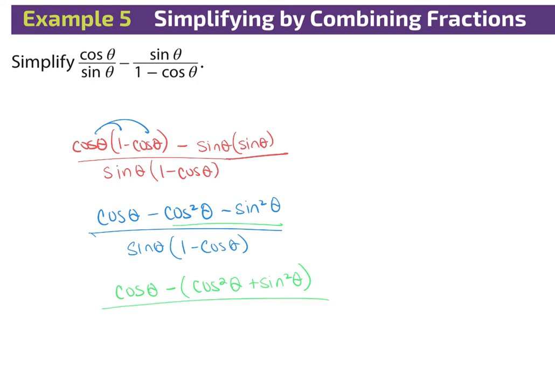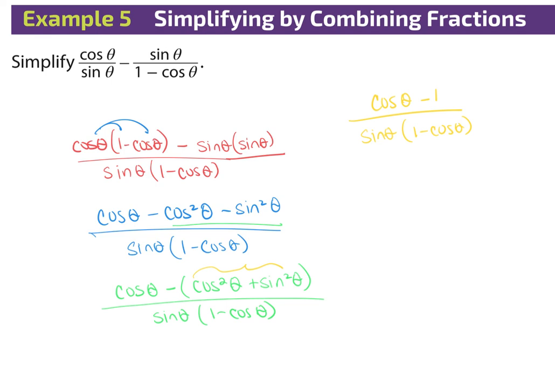And I have that over sine of theta times 1 minus cosine of theta. Cosine squared plus sine squared, what can I do with that? This is just going to be a 1. So I end up with cosine of theta minus 1 over sine of theta times 1 minus cosine of theta.